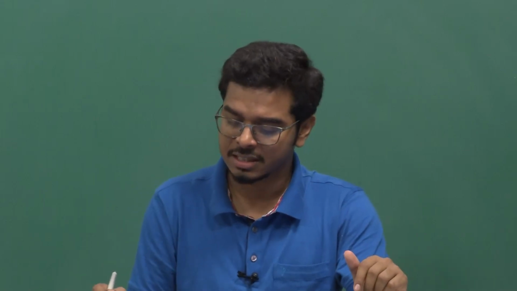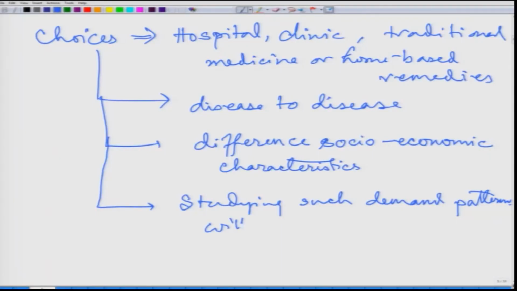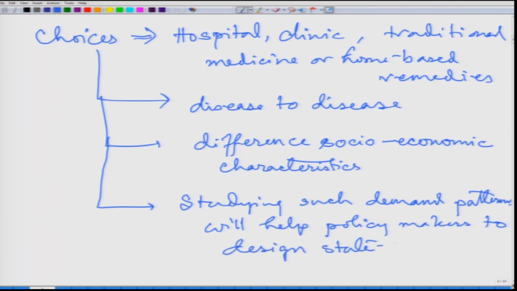So studying such demand patterns will help policymakers design state-specific policies or strategies. Now this state can be in several ways: it can be the health status, the societal status, or the geographical political boundary.